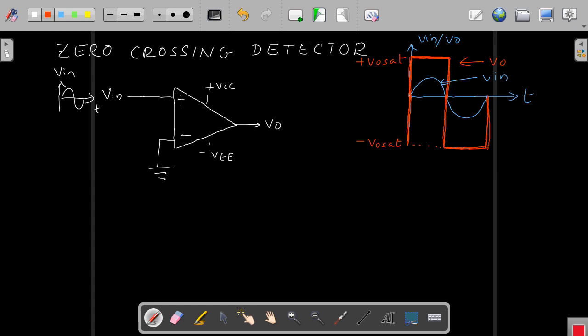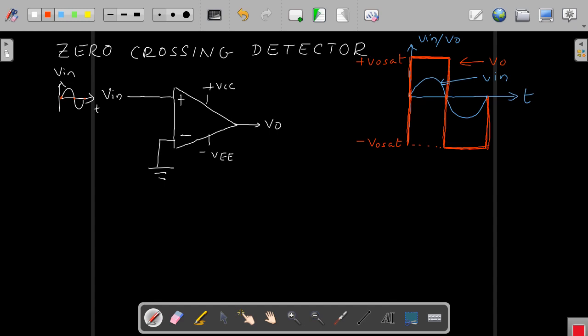In this way you get the continuous square wave generation here. We can use this for some other purpose also, but in this context I am talking about the zero crossing detector. So every time the input goes to zero, your output status is going to change, or it swings between plus V0 sat and minus V0 sat, right?